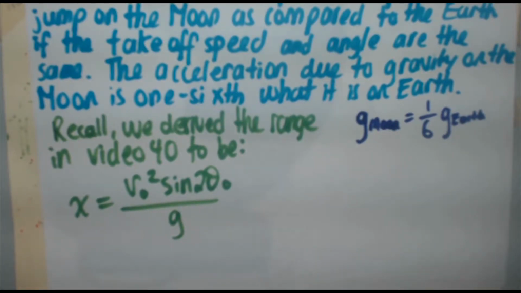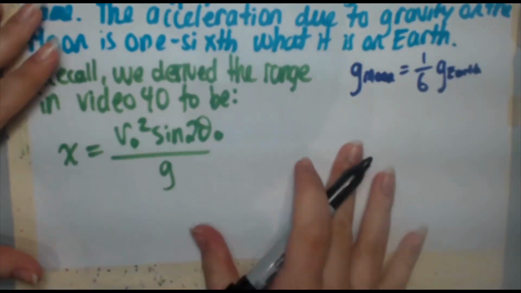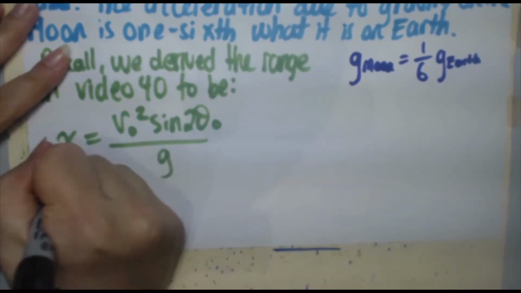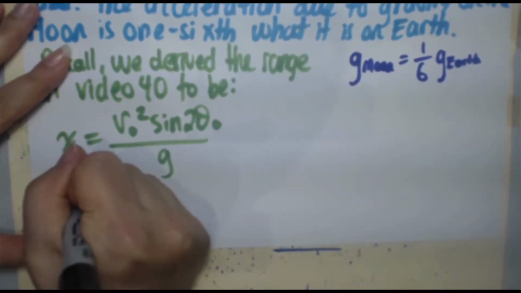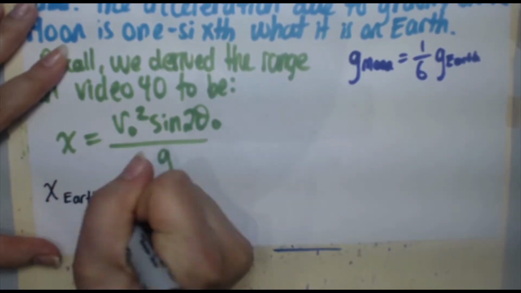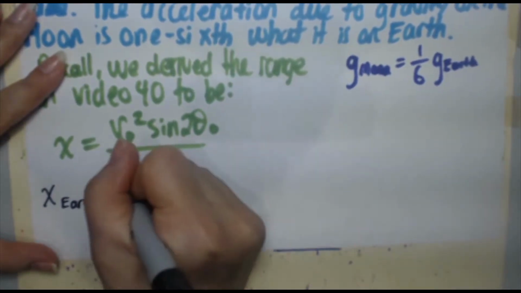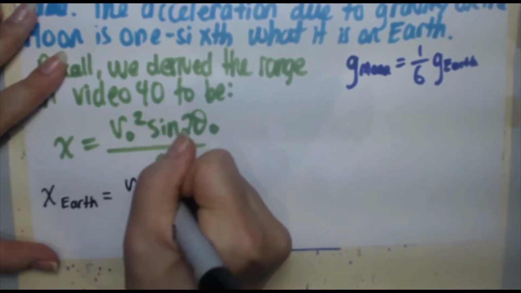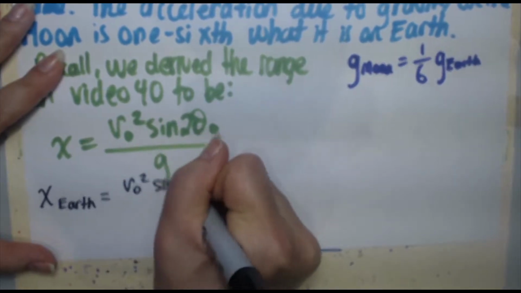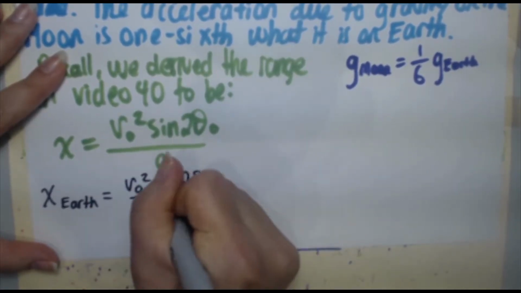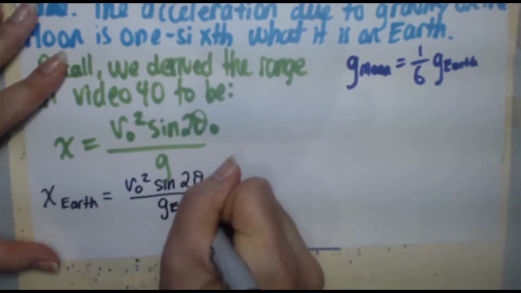Because we're dealing with the moon and Earth here, I want to create two different equations, one for the moon, one for the Earth. So the range on Earth is going to be equal to v naught squared sine 2 theta naught over g Earth.